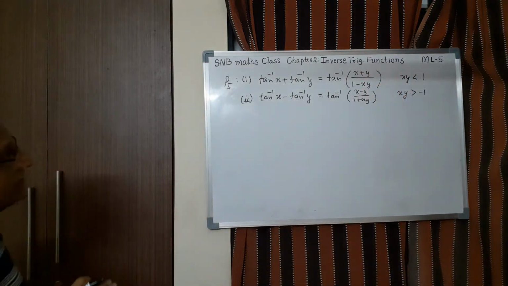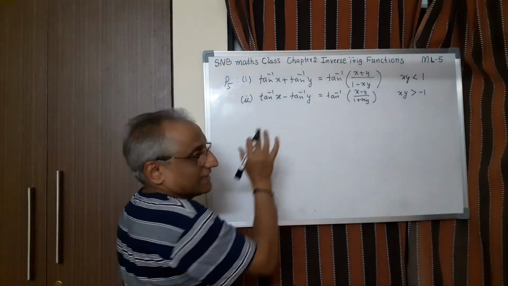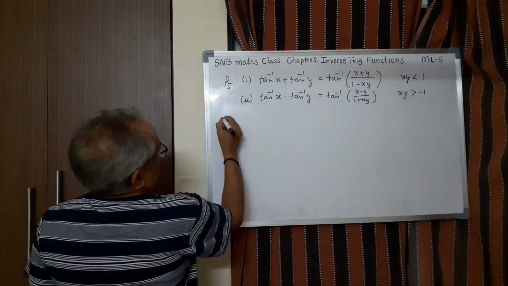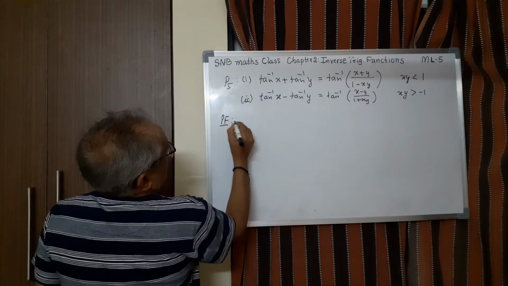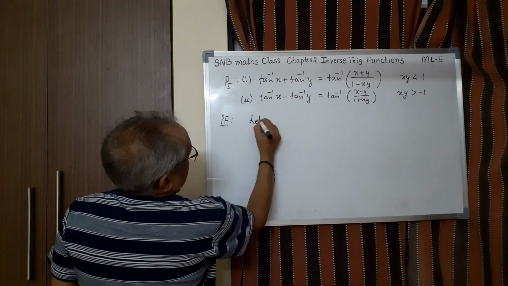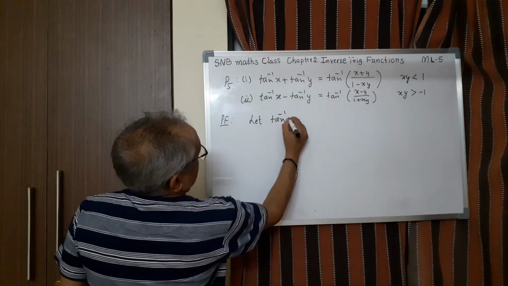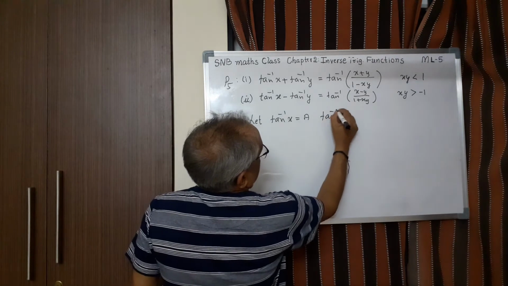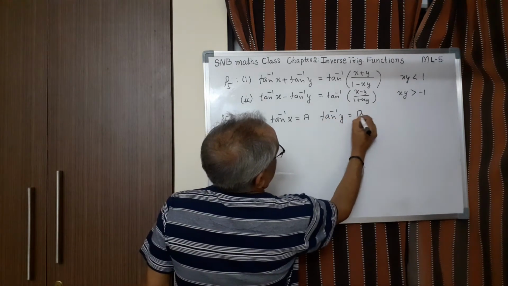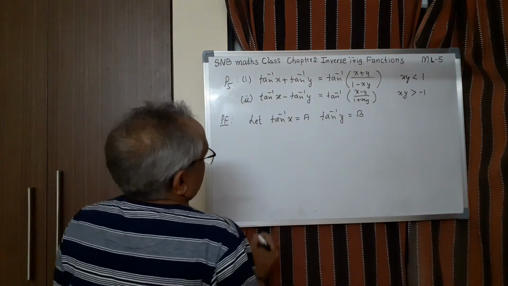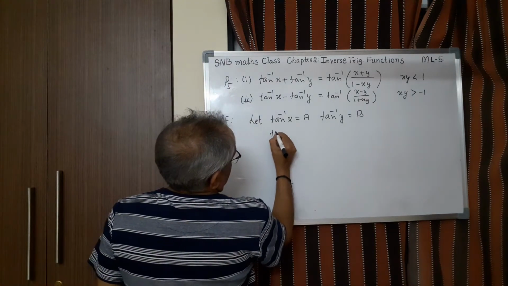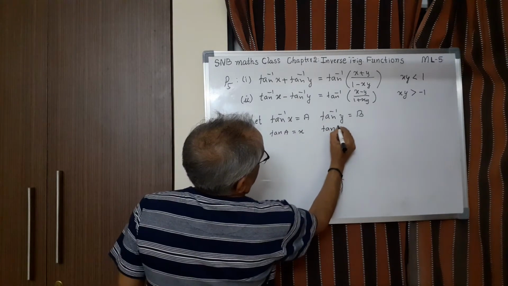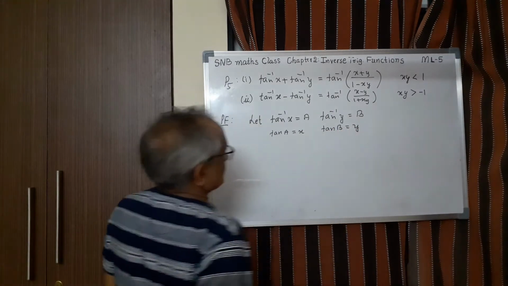So let us prove here the same way. One of them I can prove, the other one exactly the same way you can prove. So let me take the first one and prove. Let tan inverse x equal to, let us say, a, and tan inverse y equal to, let us say, b. Therefore, tan a will be equal to x and tan b will be equal to y. So this is the first thing.